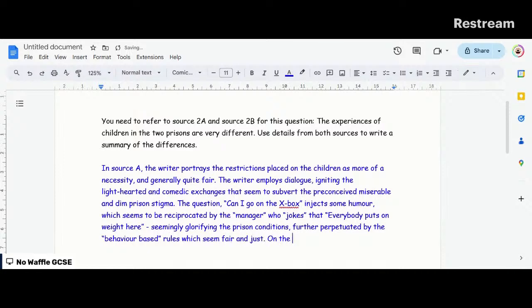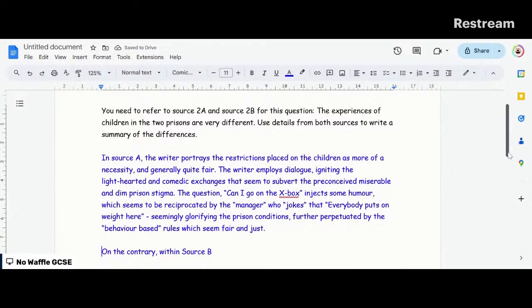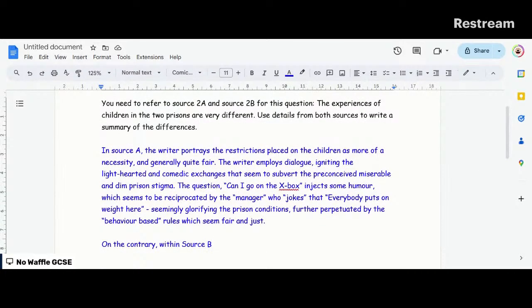And then you can say on the contrary, within source B, and let's make this a separate paragraph so it's obvious to the examiner. On the contrary, within source B, and then what can we say?